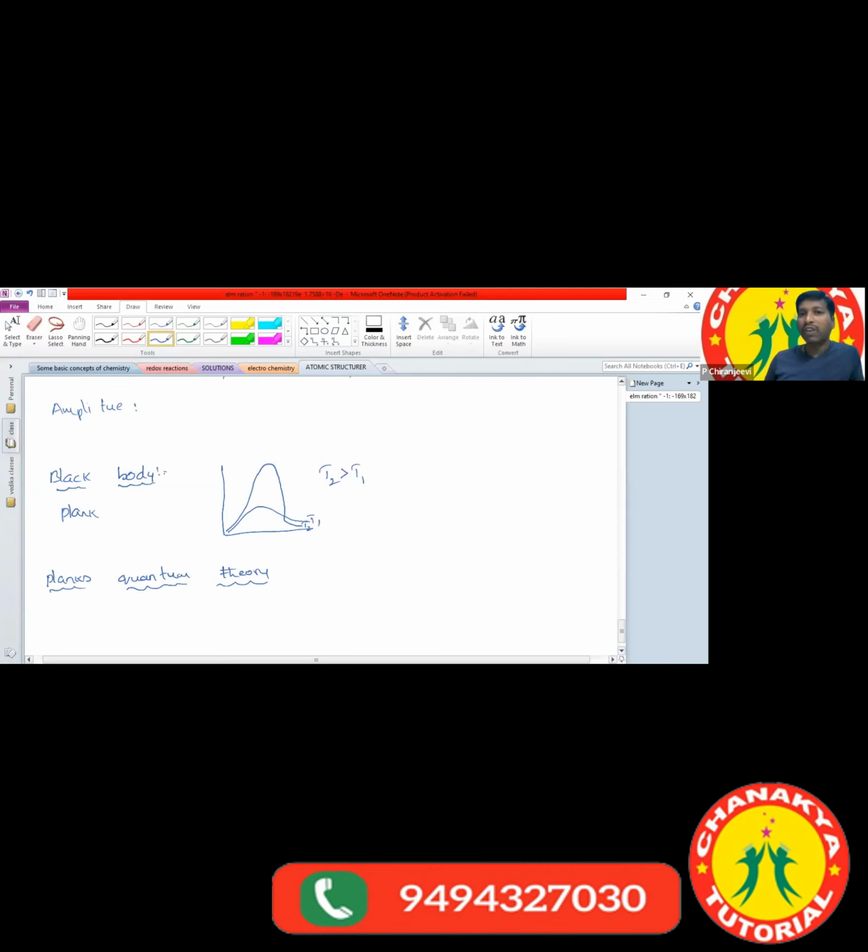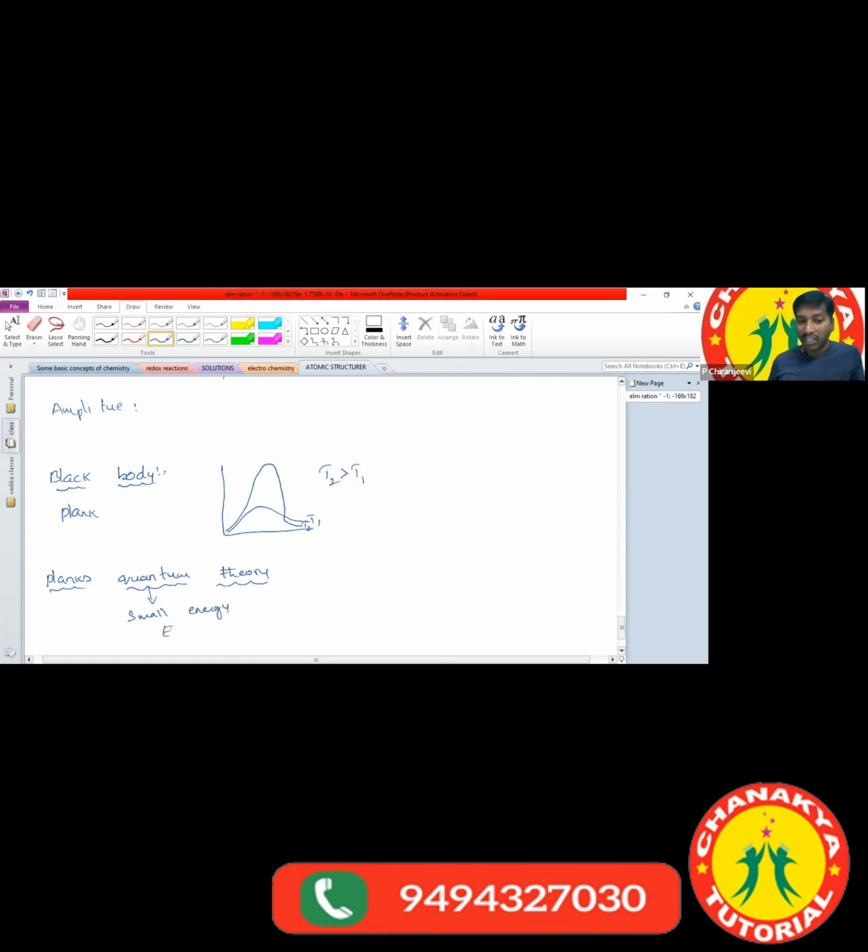The emission or absorption of radiation is discontinuous, so it is divided into small energy packets. Those small energy packets are called a quantum.